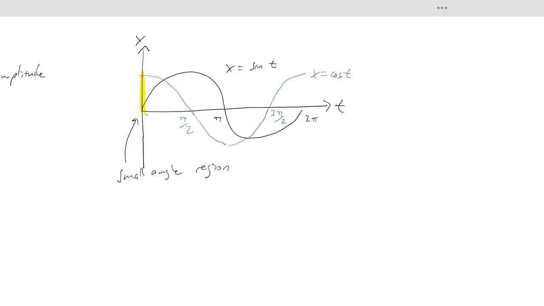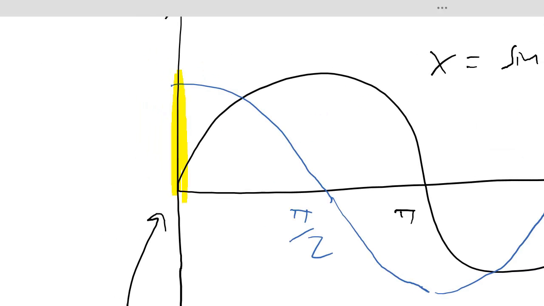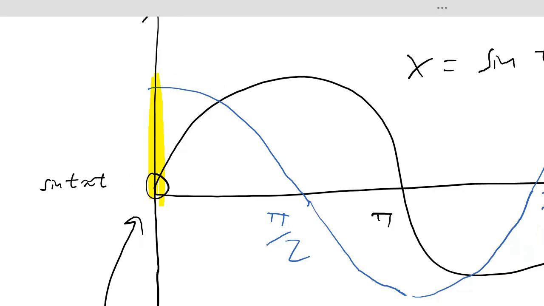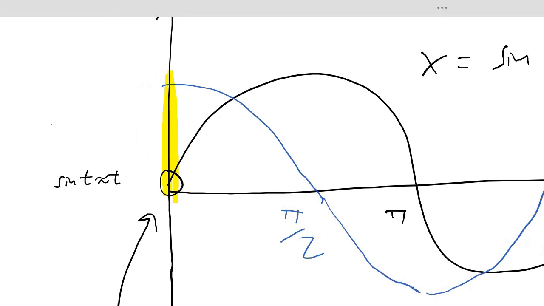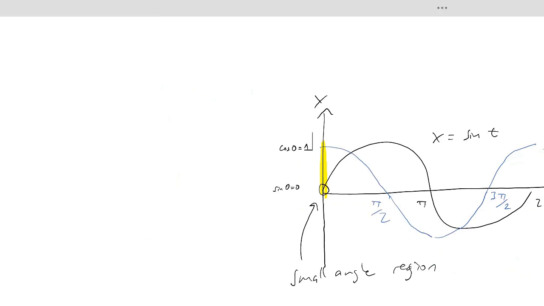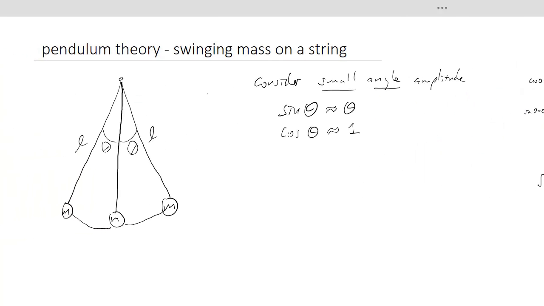We can zoom in on the small region, and we see that sine of some small value, this is going to be t, so sine is approximately just t. Sine of 0 is 0, because everything stays close. And cosine of 0 equals 1. So as the argument of the trig function goes to 0, cosine goes to 1, sine goes to 0. That's just a refresher of the small angle approximation that we are using.